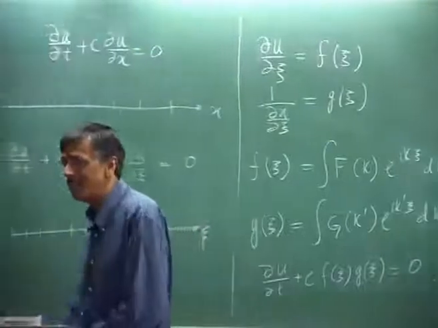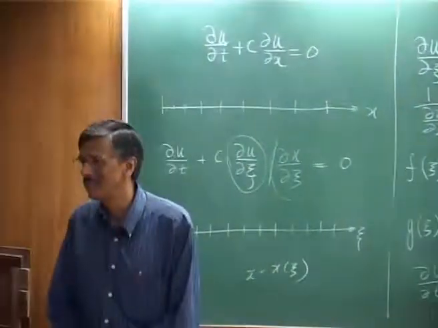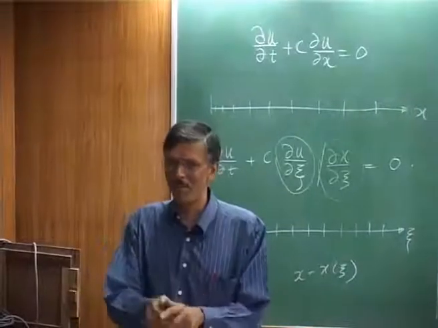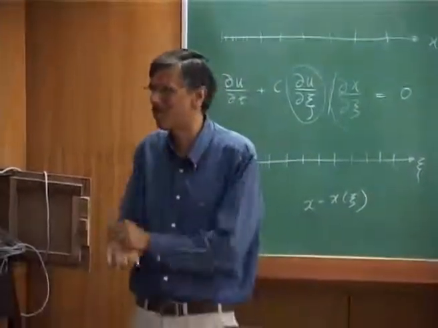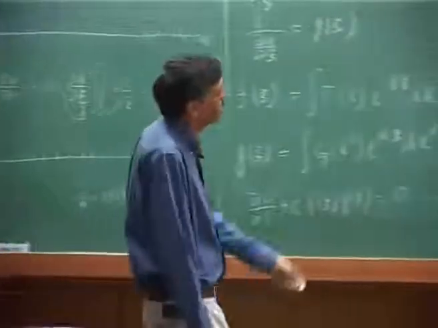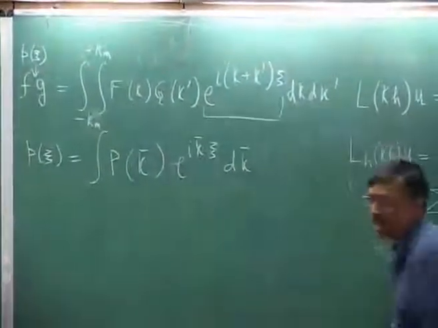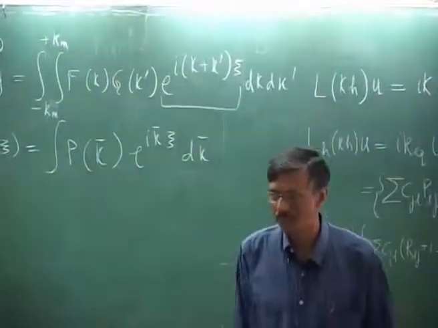But given a grid, can I do that? We cannot, because our grid is capable of handling only from minus k max to plus k max. But in trying to take the product, we see that we are trying to spill out of the region.